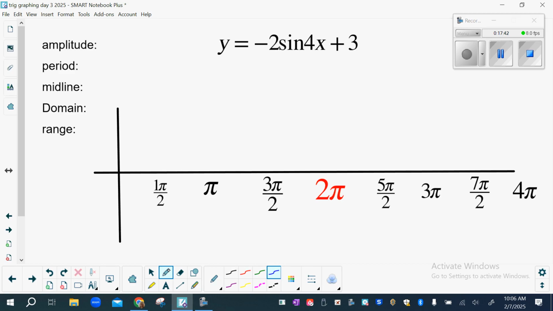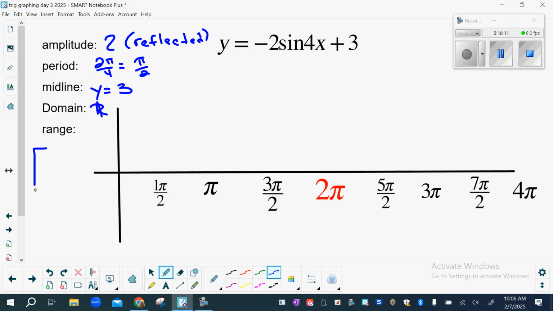Amplitude, 2 reflected. The period is 2 pi divided by 4. Ooh, we're getting out of that water fast. Man, we're getting out really fast. Our midline, we have raised our heart rate.